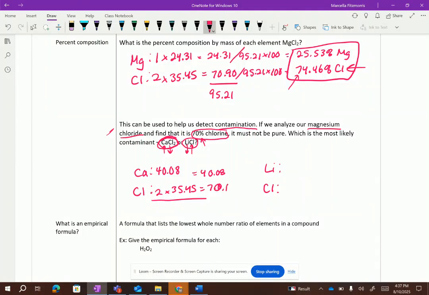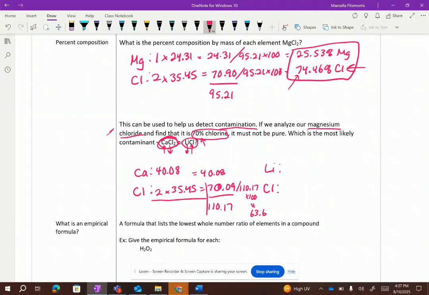Molar mass is 110.17. Now this time I'm only going to calculate the chlorine because that's all I'm really interested in. So 70.09 divided by the 110.17 times 100 gives me a percentage of chlorine of 63.6.